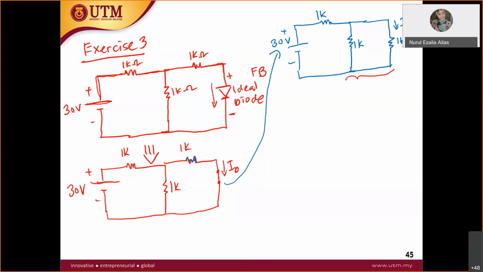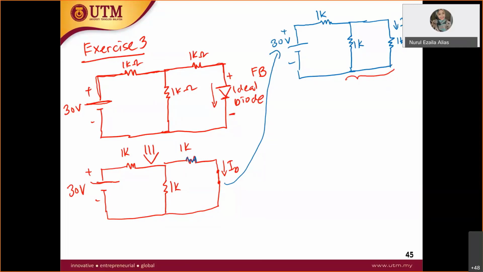Now you have two loops. You don't have to do what you learned from ECA, meshing. You can apply mesh here, but it will be a very long procedure. If you like mesh, then you can do mesh. Otherwise, you can parallel these two resistors.